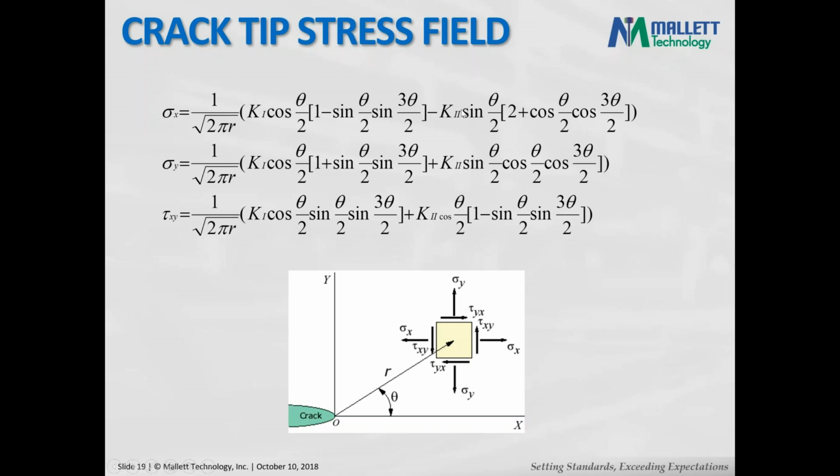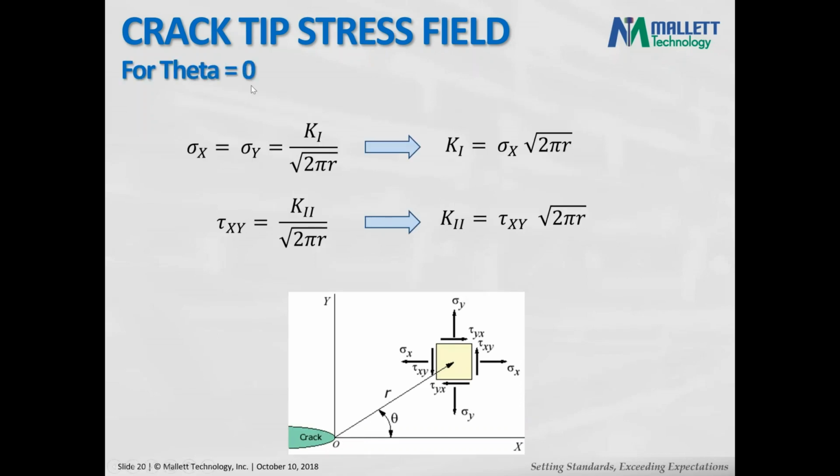This is under mode 1, and this is under shear mode. They also take an infinite stress and bring that down to something that can be identified. But this is a closed form solution.